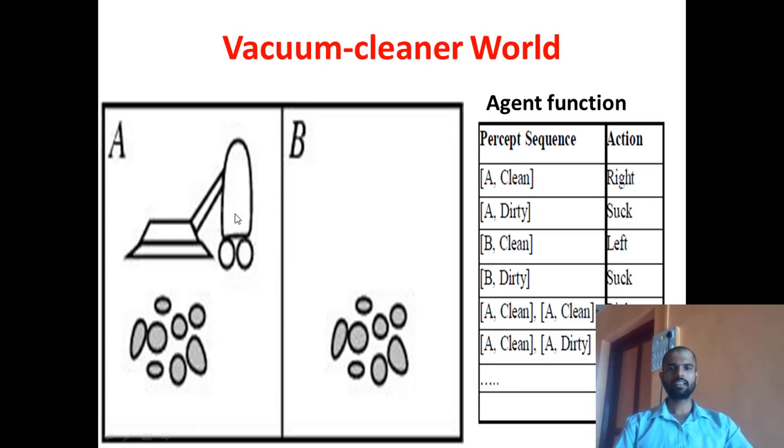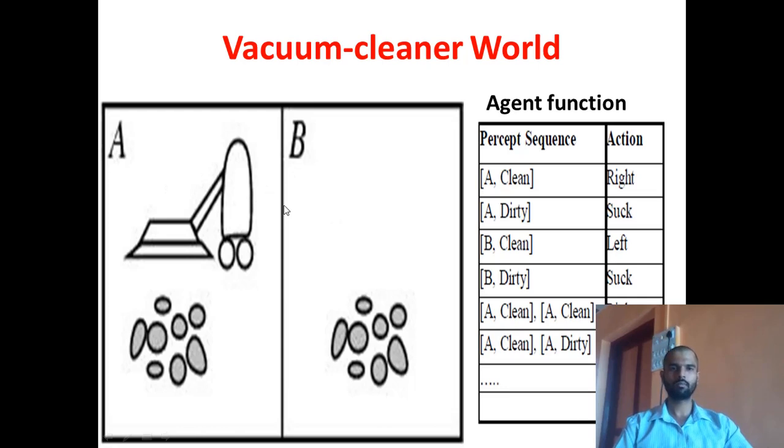As soon as the vacuum cleaner finds the dirt, it will suck that dirt and move towards the next block, and if it doesn't find any dirt, then it will simply stop or find dirt in the other block.